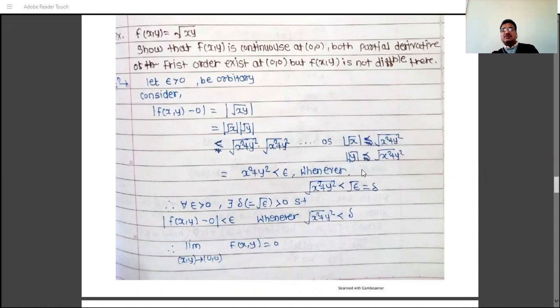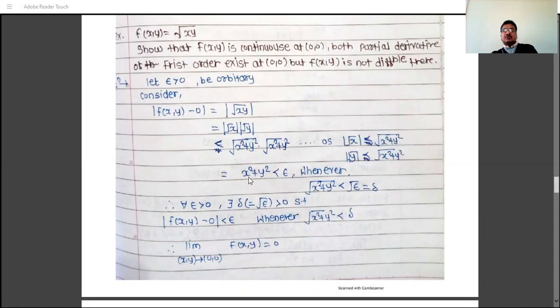We can write strictly less than, don't write the equal to sign. This is very obvious: the value of LHS is root x, and the value of RHS, if y is 0, is x, and root x is always less than x. If y is not equal to 0, its right side is also larger than root x. So root x is strictly less than root of x square plus y square, and root y is strictly less than root of x square plus y square.